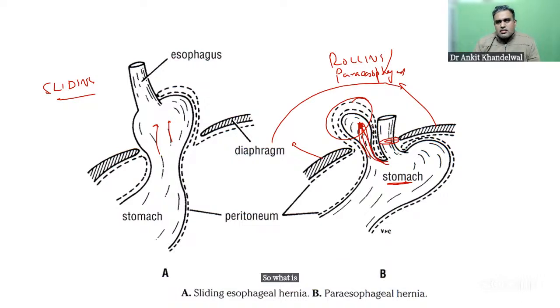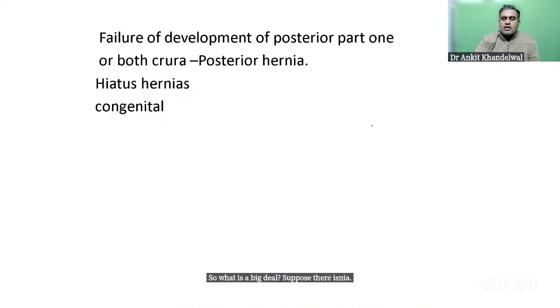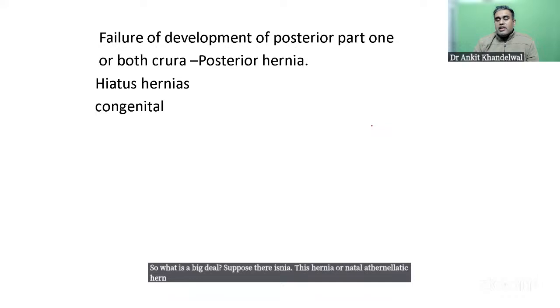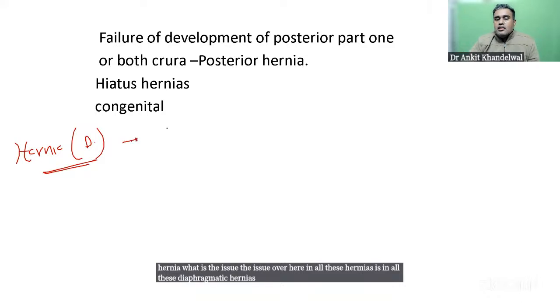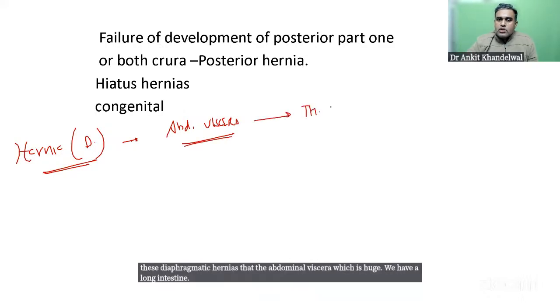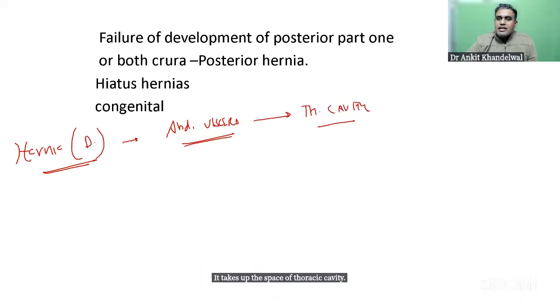So what is the big deal? Suppose there is hernia. This hernia or congenital diaphragmatic hernia, what is the issue? The issue in all these diaphragmatic hernias is that the abdominal viscera, which is huge, we have a long intestine, it takes up the space of thoracic cavity. Now, when it is congenital, the problem is a bit different. What is the problem?